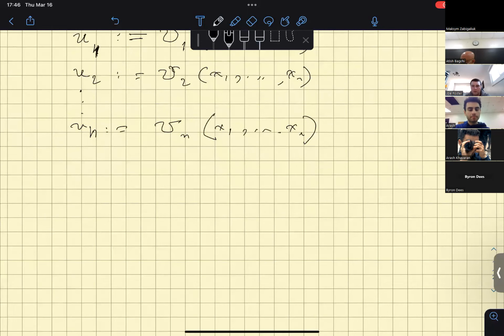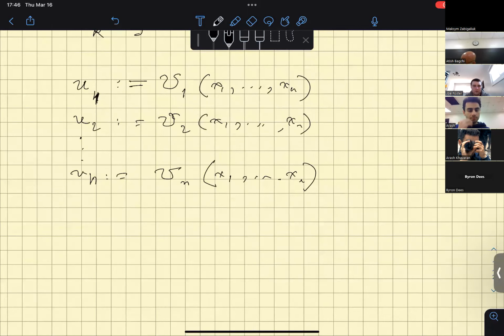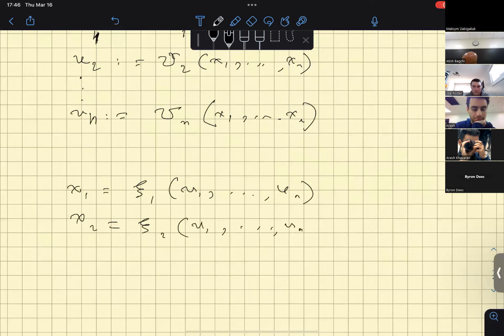These are the functions. So let me give you a specific example. These can be inverted. So you will also get x1 is equal to c1 of u1 up to un. x2 is equal to c2 of u1 up to un. xn is equal to cn of u1 up to un.